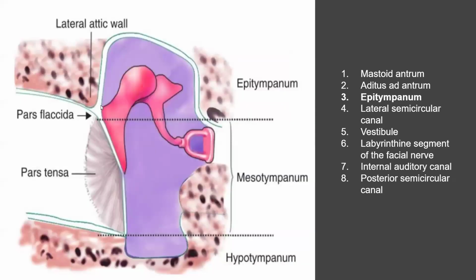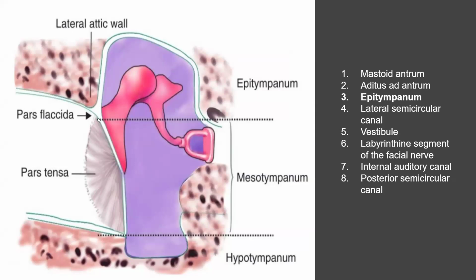So we said this is the superior or highest portion of the middle ear cavity. And here's a diagram of how this actually looks. This is the tympanic membrane, or the eardrum, as we say colloquially.